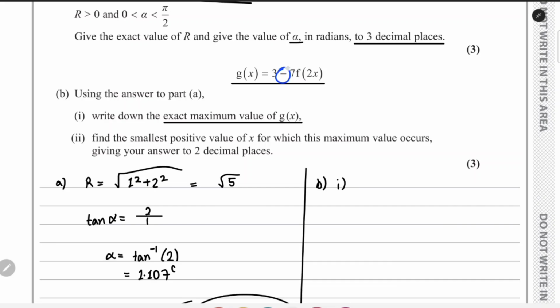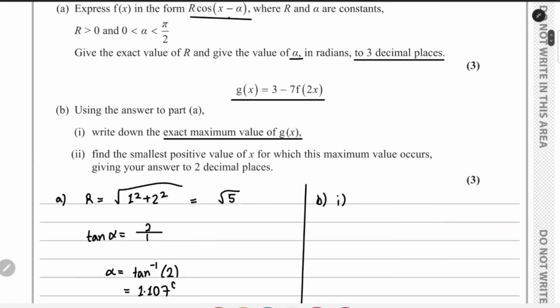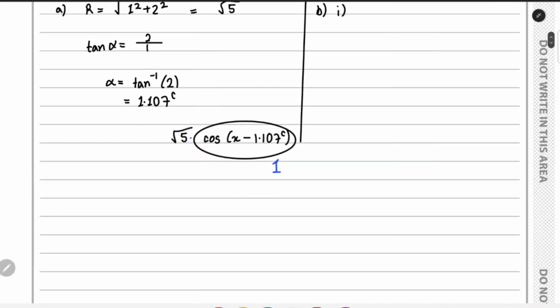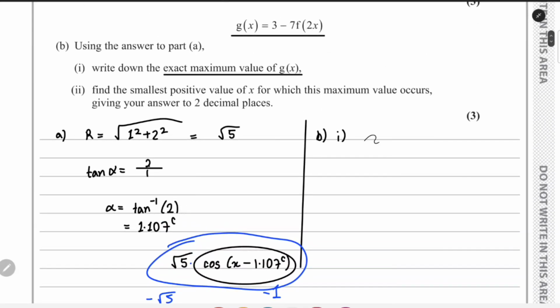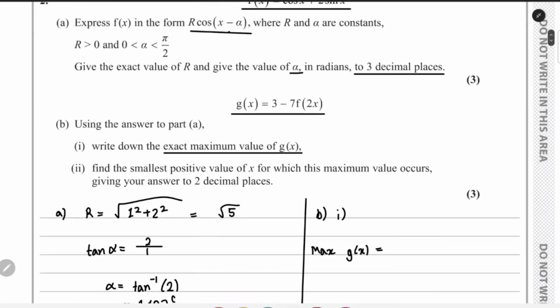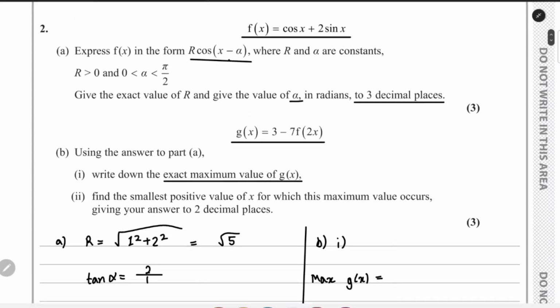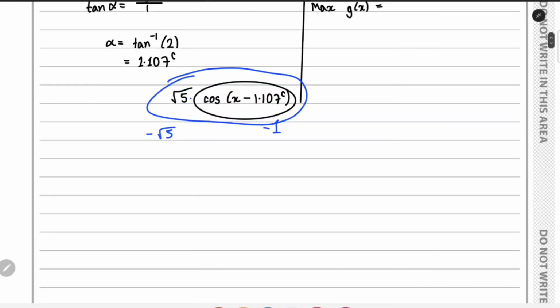Since there is a minus over here, I'll consider the minimum value of f of x. The minimum value is minus 1, so the minimum value of this whole function is minus root 5. So the maximum value of g of x will occur when f of 2x is minimum. The 2x won't affect the value since it's inside the angle.